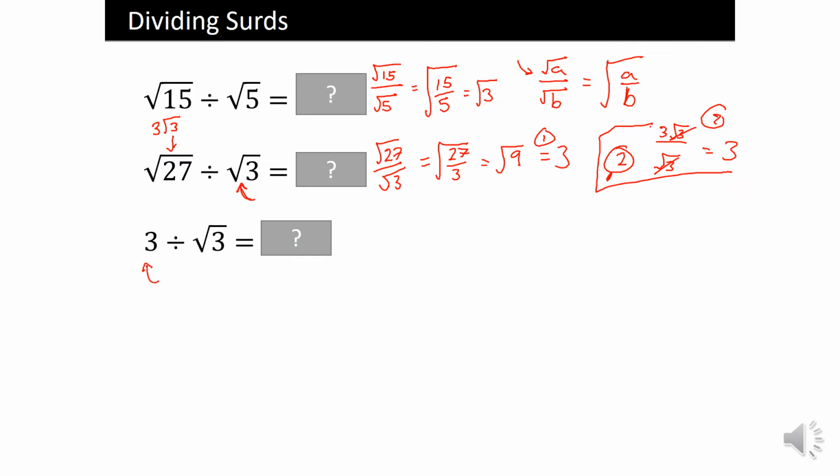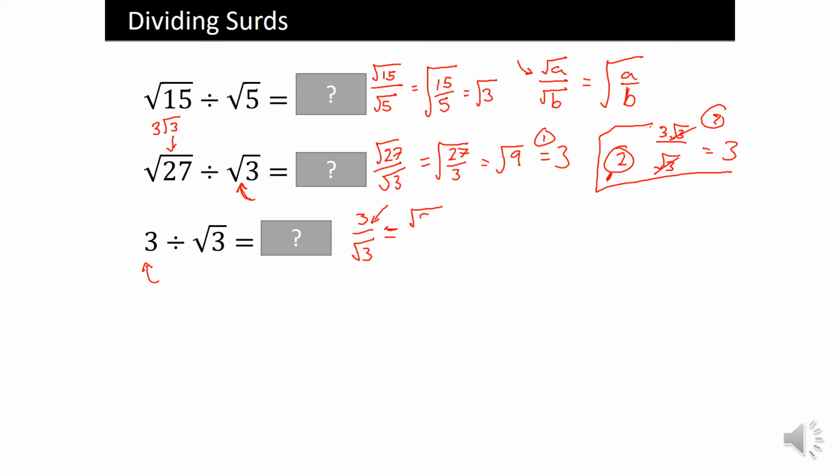So what we've got here actually is one where we're dividing a non-surd number by a surd. So we've got 3 divided by root 3. So again, there's 2 different ways of doing this. I'll show you both. So what we can do actually is write 3 as a surd. To represent it as a square root, we need to think what number square roots to give us 3.